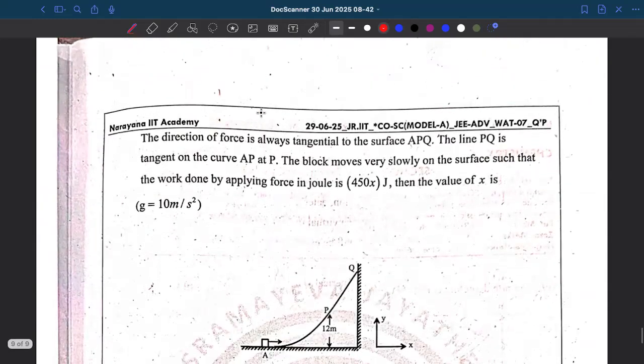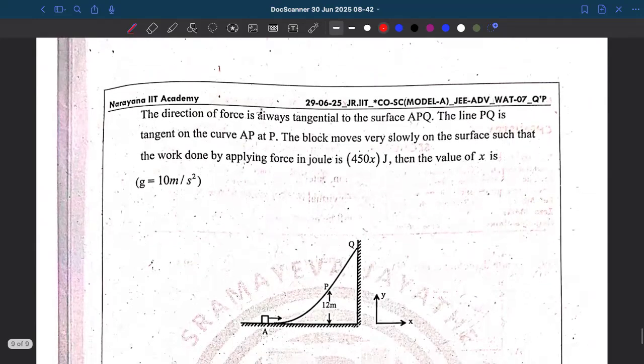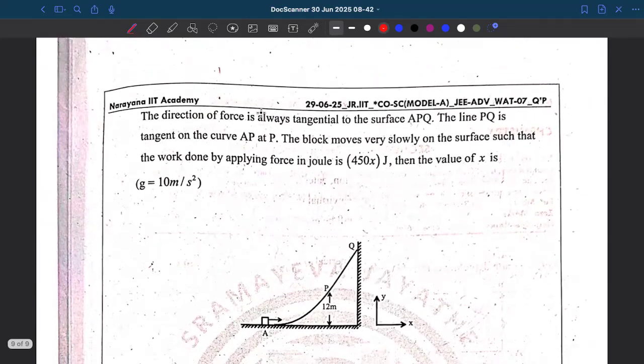The direction of force is always tangential to the surface APQ. The line PQ is tangent on the curve AP at P. The block moves very, very slowly on the surface as the work done by the applied force is in joule 450x. Then the value of x is.